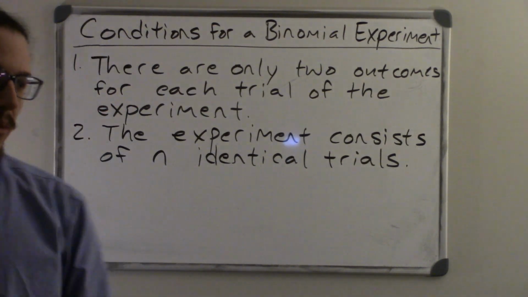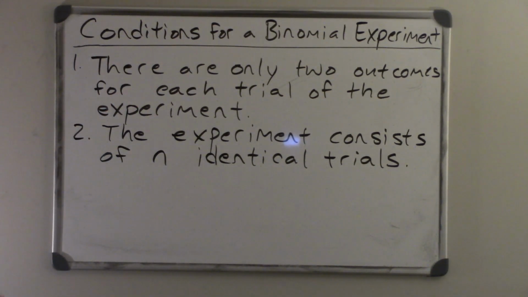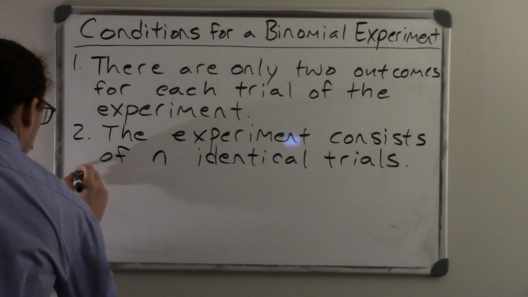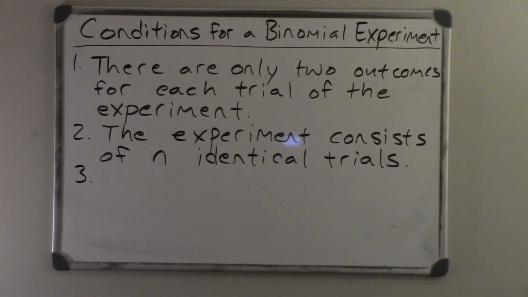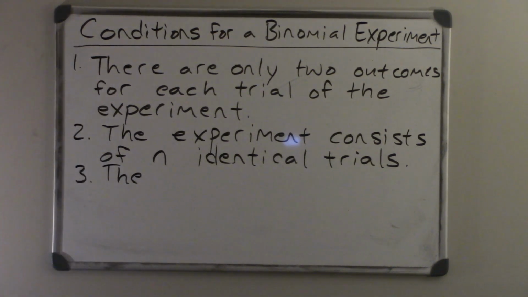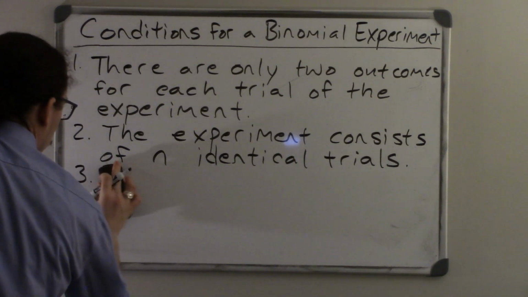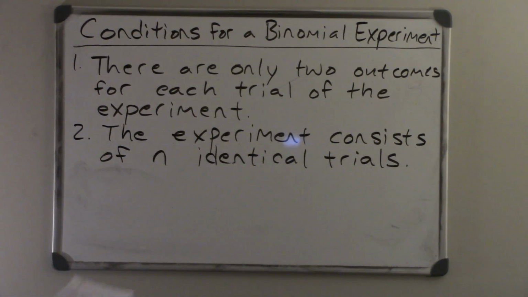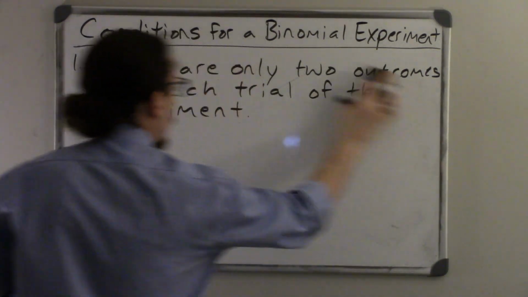That's not going to be a binomial experiment. They have to be identical. Let's see, I think I can fit this next one in here. Actually, that's already getting pretty crowded, so we're just going to erase this and go to the next thing. So those are the first 2.